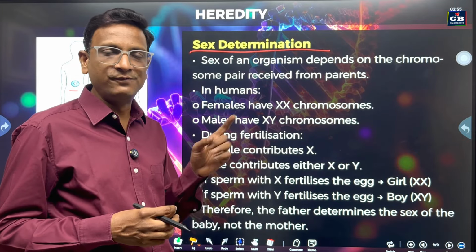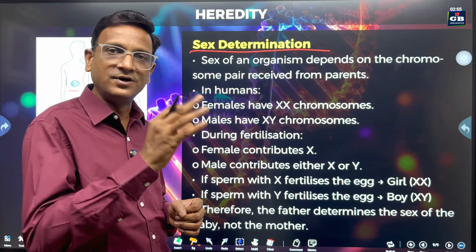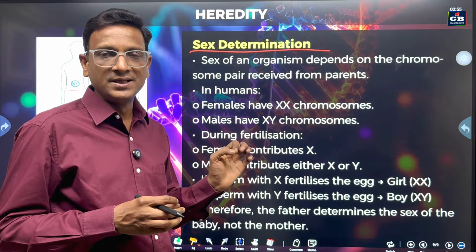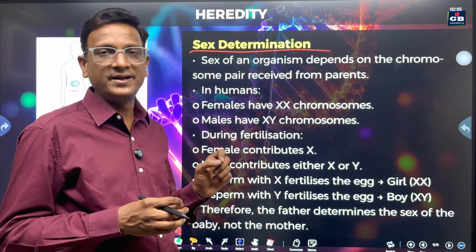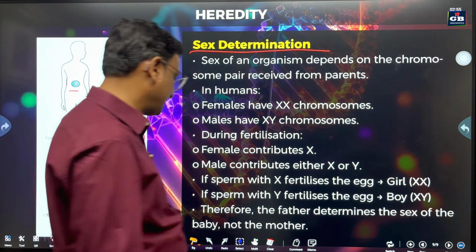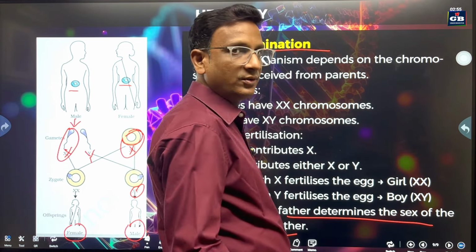So one sperm will fertilize the egg. If that sperm cell has the X chromosome, it is a baby girl. If that sperm cell has the Y chromosome, it is a baby boy, XY. Okay. So the father determines the sex of the baby in the case of humans. So this is all about sex determination.